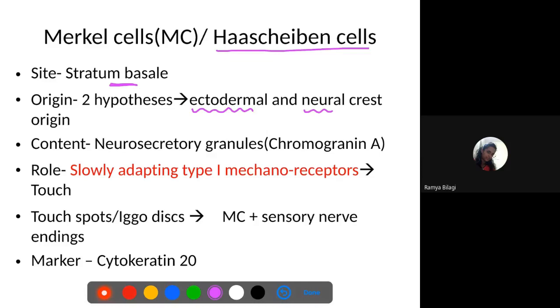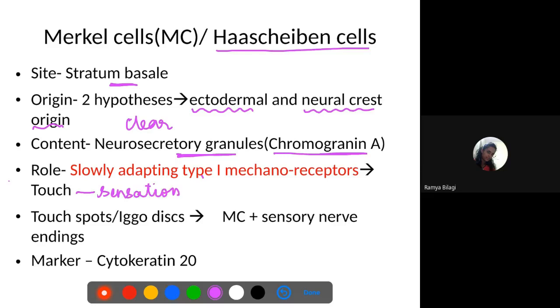So it is not clear where they come from. What do they contain? They contain neurosecretory granules containing chromogranin. What are its functions? They are slowly adapting type 1 mechanoreceptors and they mediate the touch sensation. Very important.